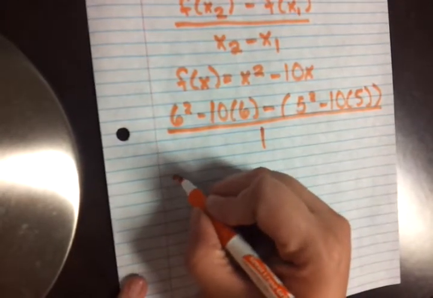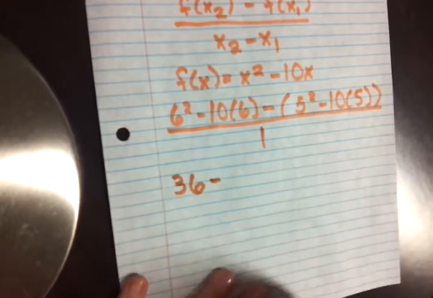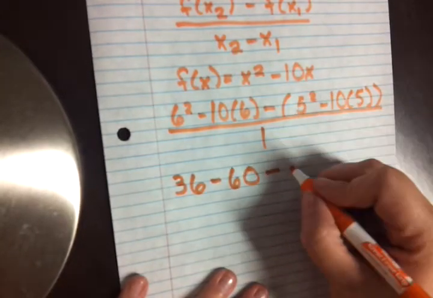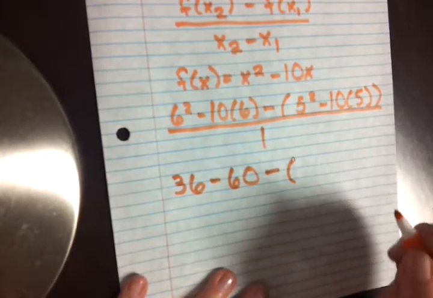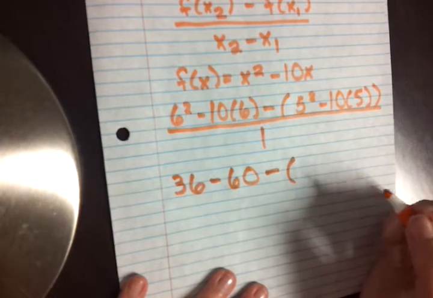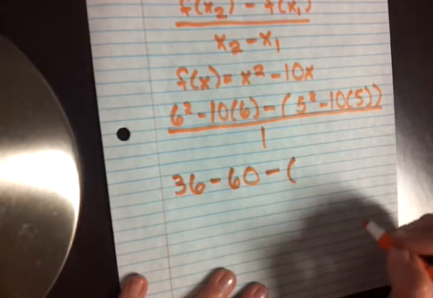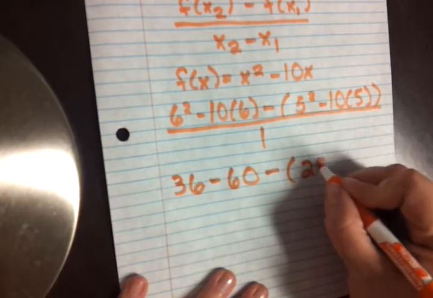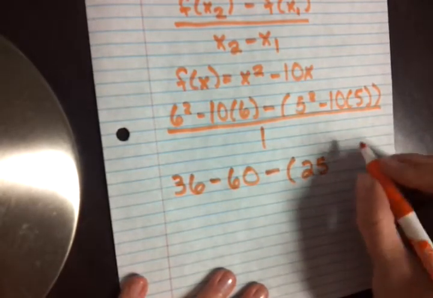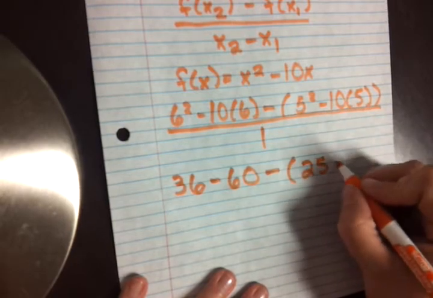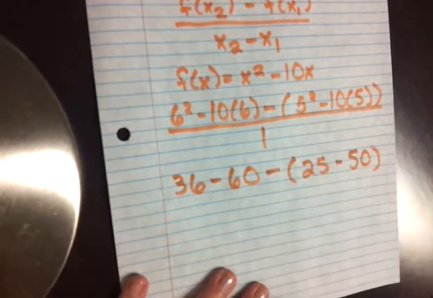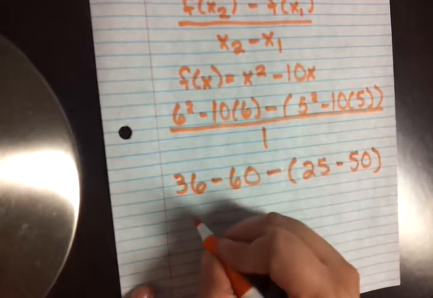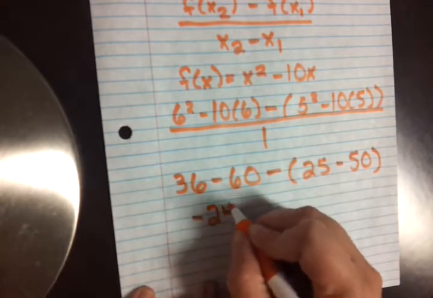So we've got 6 squared is 36, minus 10 times 6 is 60, minus, and I'm going to keep this all in 1 because we can use it again later. That f of x1 doesn't ever change for these, so we can figure out what that is and just plug it into the other two when we need to. So 5 squared is 25, and negative 10 times 5 is negative 50. So we've got that going for us. 36 minus 60 is going to be negative 24.